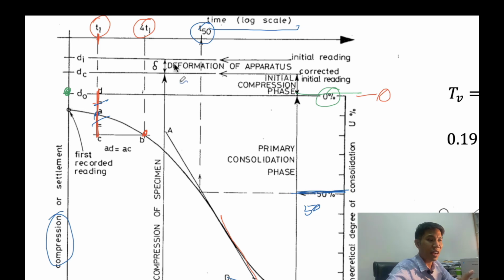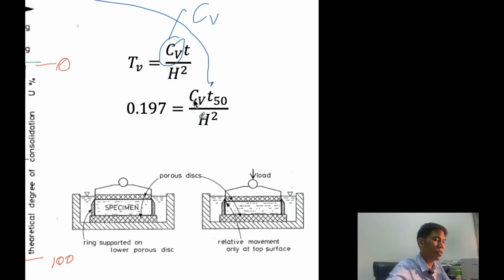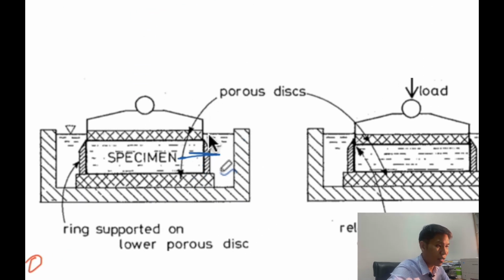How can you calculate? You just substitute T50 in this equation, and Tv here equals 0.197. H is the drainage length. The drainage length you can see from this specimen: it is where the water can flow up and flow down.